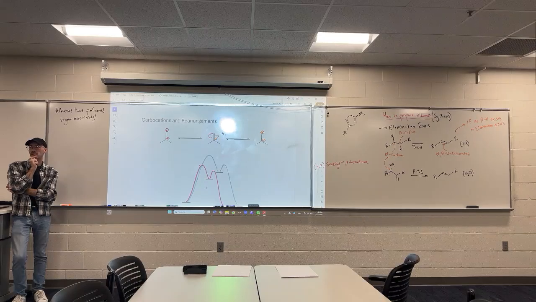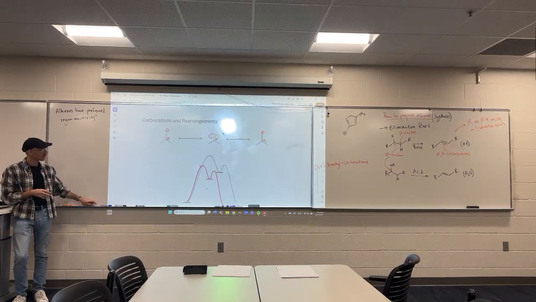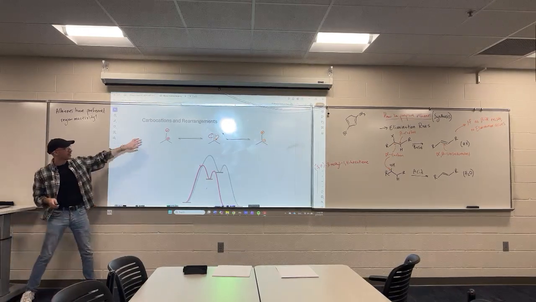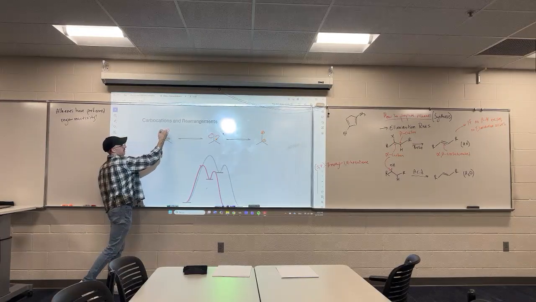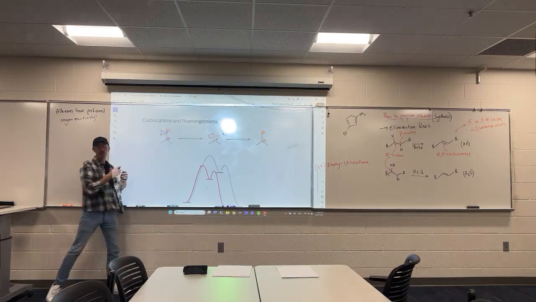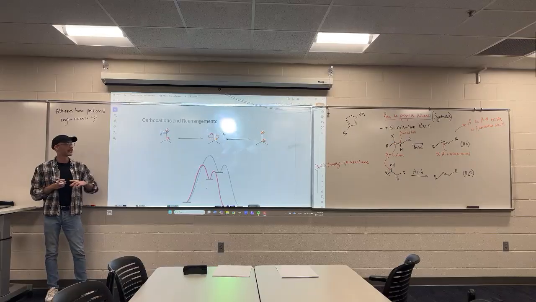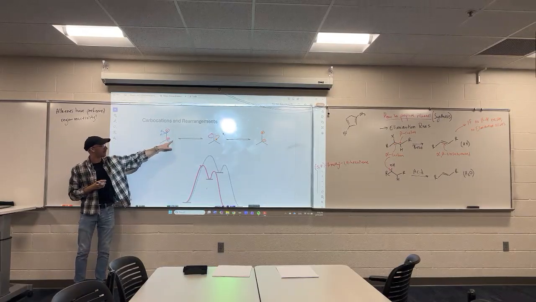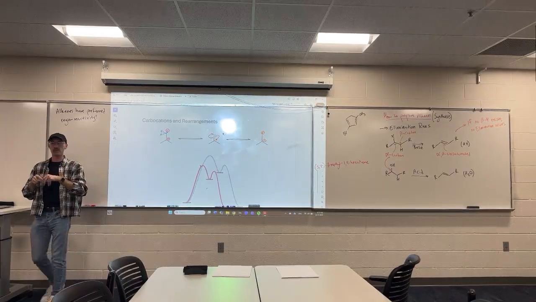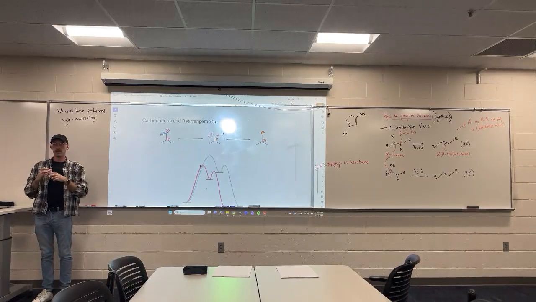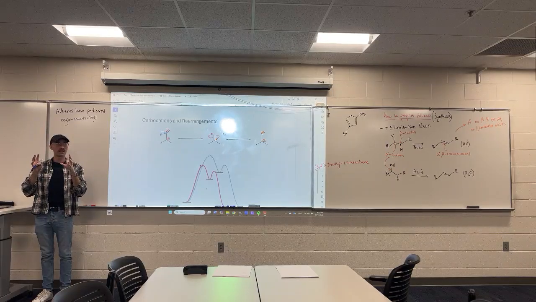Let's think about the electrons. This is a lone pair of electrons, and it's sitting on a carbon that has 2 hydrogen groups on it, and this big carbon group. You might remember from Gen Chem that lone pairs of electrons repel other electron pairs the most strongly.